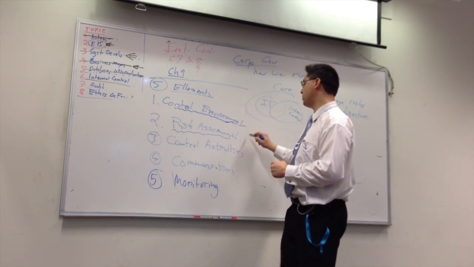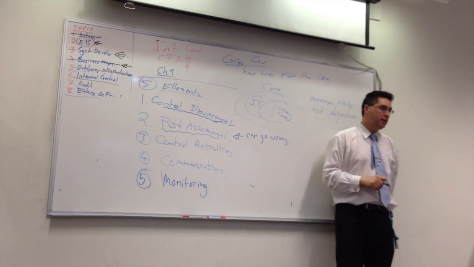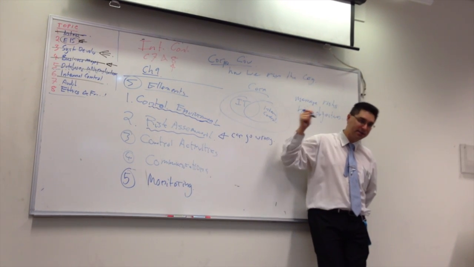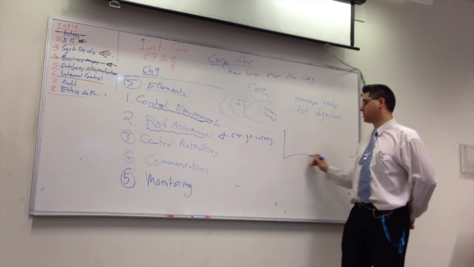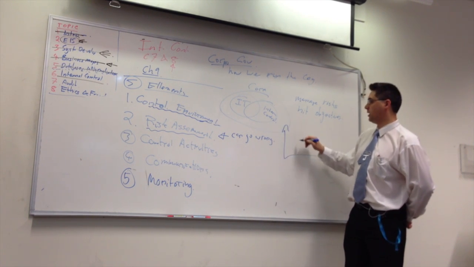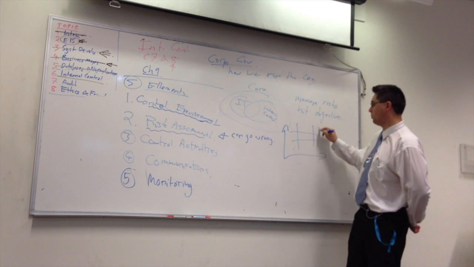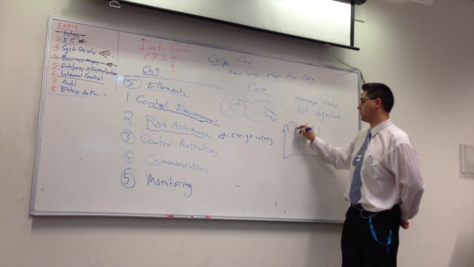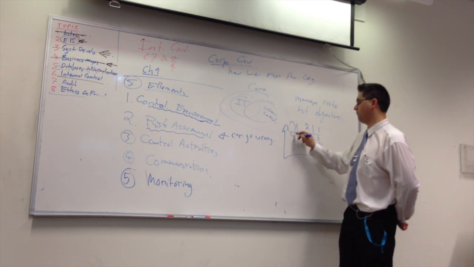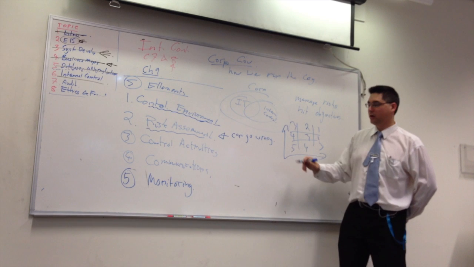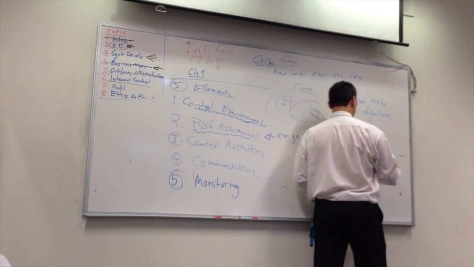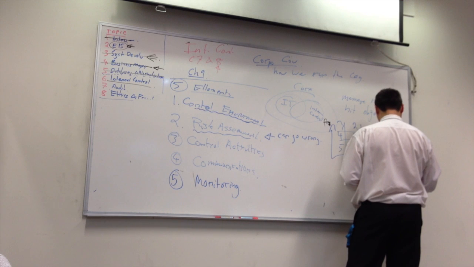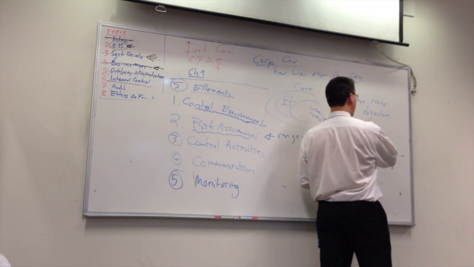Risk assessment is what can go wrong. You need to ask, what can go wrong? How serious is it? How frequent is it? I showed you this little risk matrix where it goes 1, 2, 2, 3, 3, 3, 4, 4, 5. The more frequent and the more serious, the higher the priority.